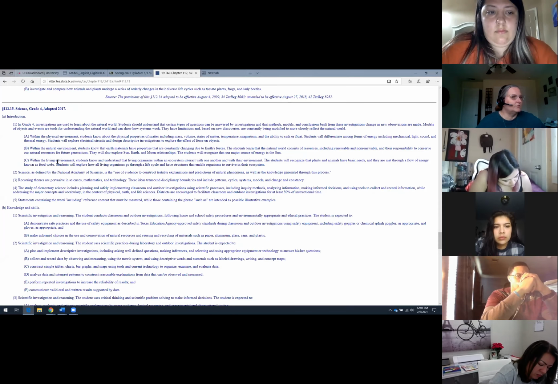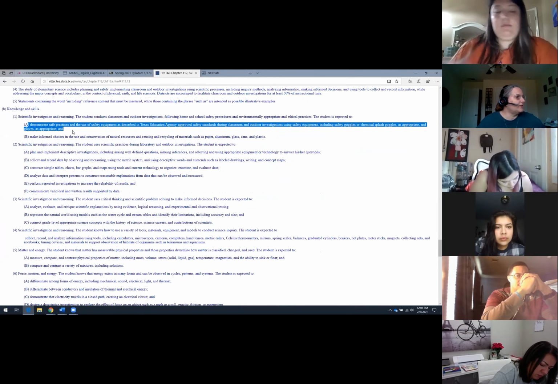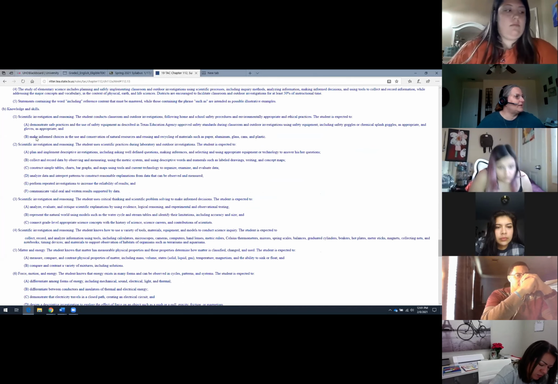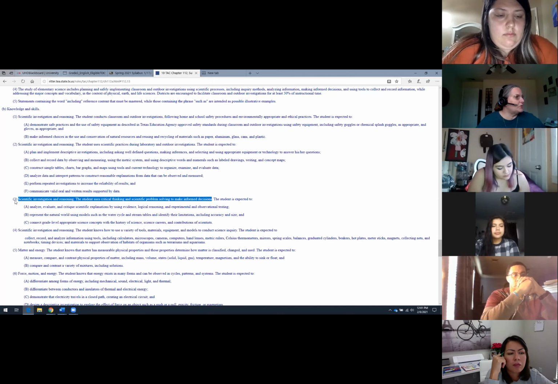Knowledge and skills are these little specific A, B, C, all these letters under here. The number you can think of as your heading. So under 3rd grade knowledge and skills, number 3 is scientific investigation and reasoning. And they're going to use critical thinking.